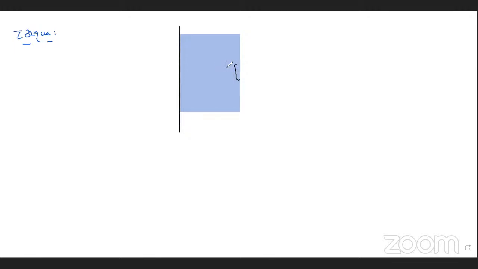Perpendicular, I can't draw. That's why I just put one arrow mark here like this. Push or pull, anyone. This is the force you are applying.